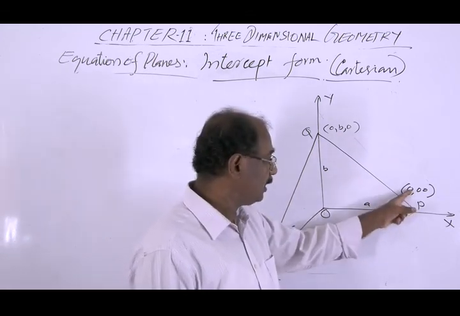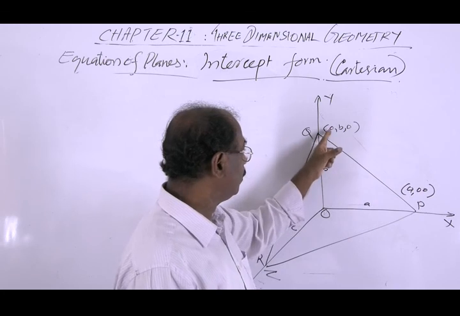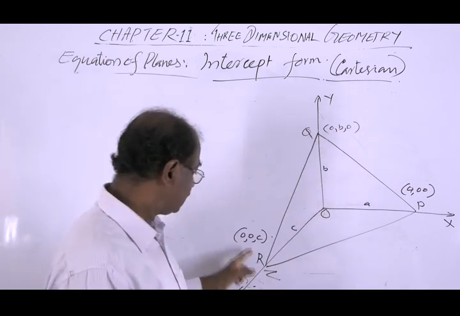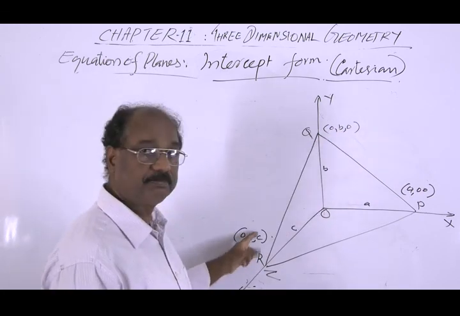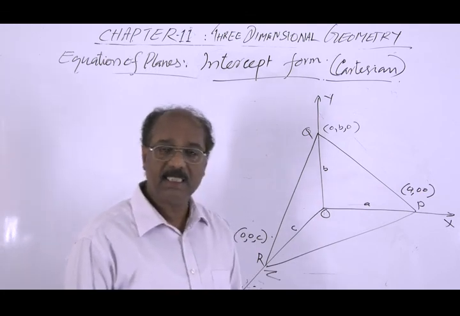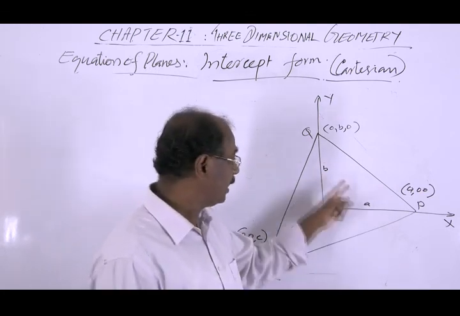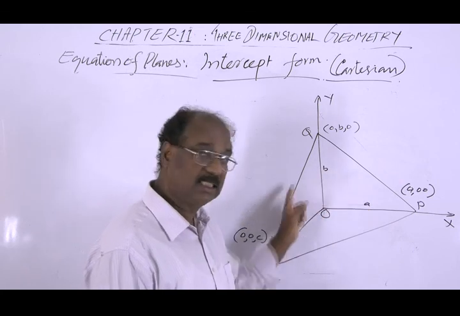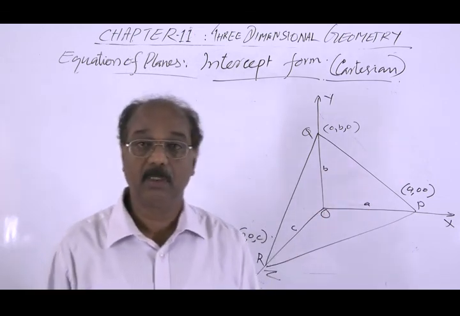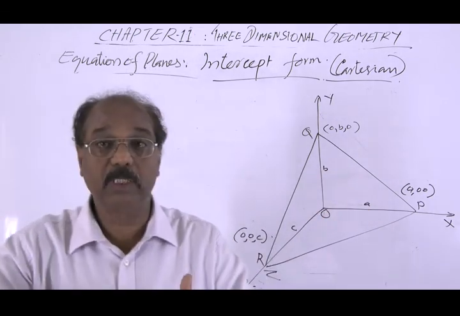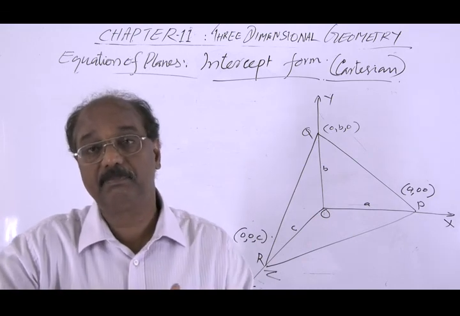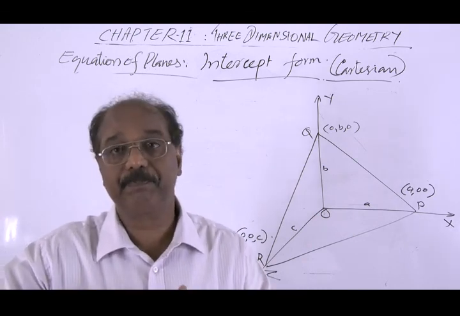Then P is the point (a, 0, 0), Q is the point (0, b, 0), and R is the point (0, 0, c). Then the intercepts on the axes are a, b, and c. These distances are the intercepts. So we want to derive the equation of the plane in the Cartesian form.